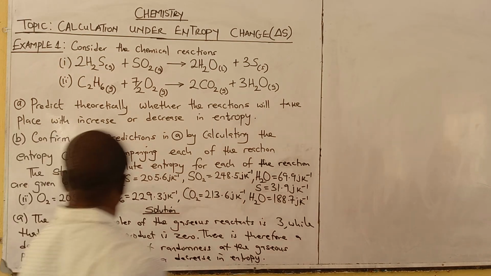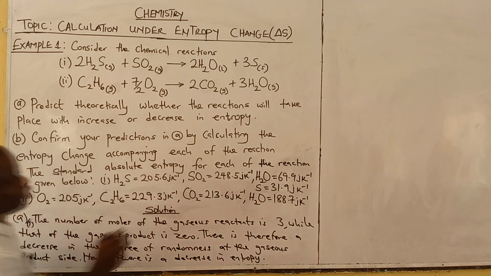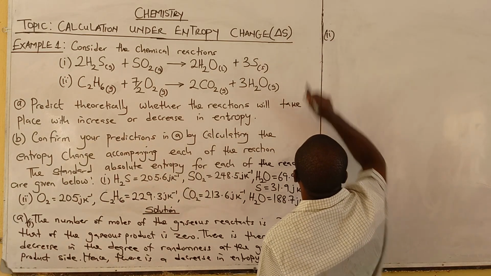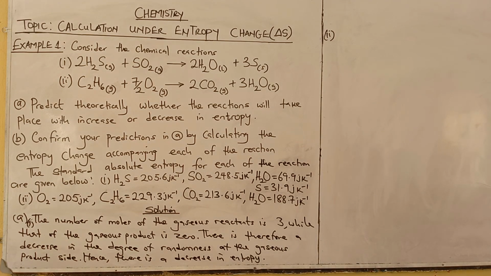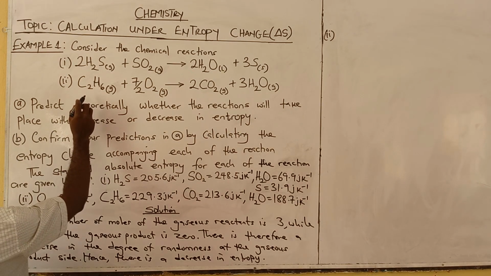Let's predict the second one. Let's call this one A1. Let's go to A2. In A2, when you look at it very well, you will notice this is ethane.